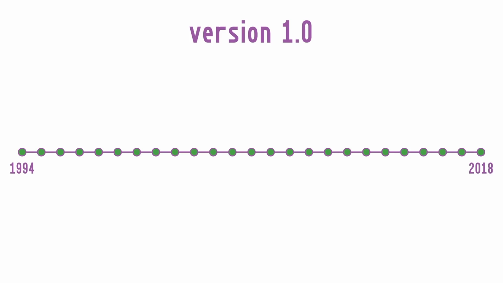Since the open source community uses version number 1.0 as a major milestone to indicate that a particular software package is considered reliable enough for general release, I'll show when each of our languages released their 1.0 version.